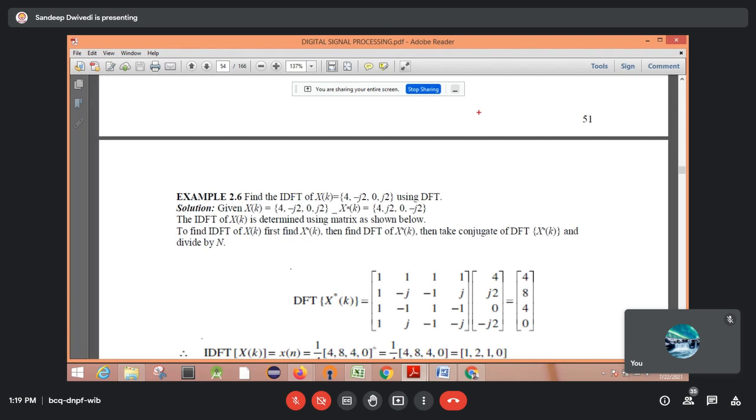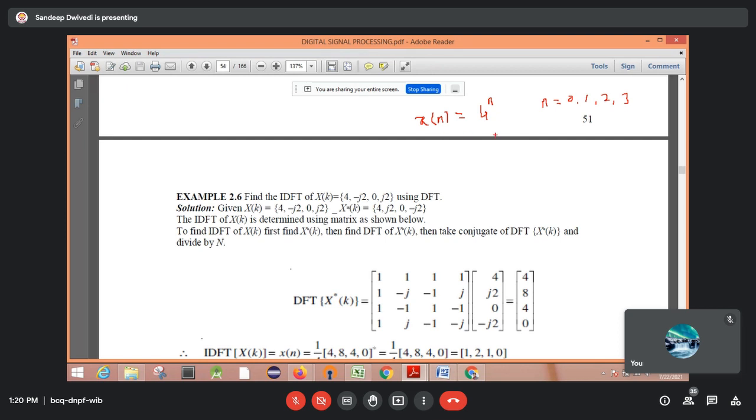For example, you are having one sequence, x of n is 4 raised to power n, where n is varying from 0 to 3, means 0, 1, 2, 3, like this 4 values are there.